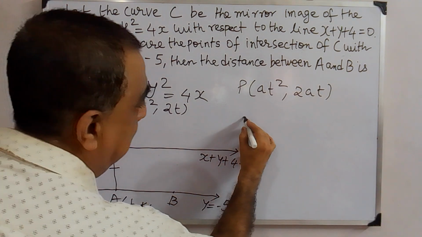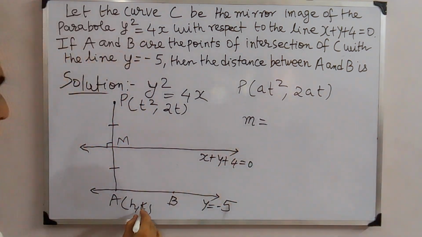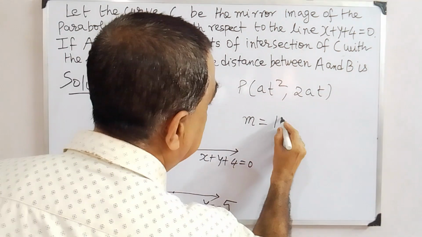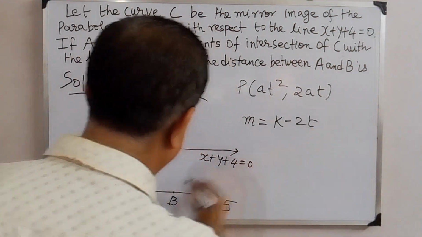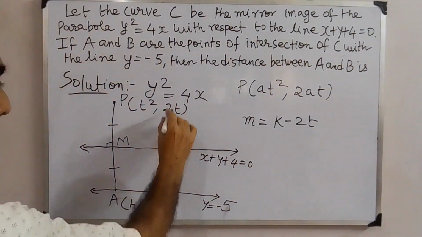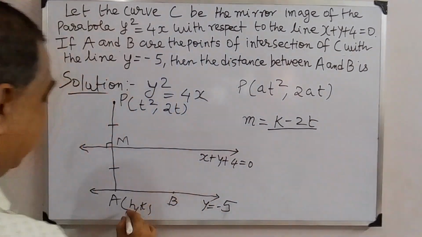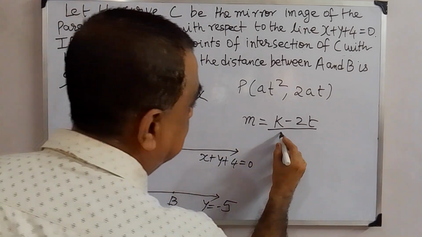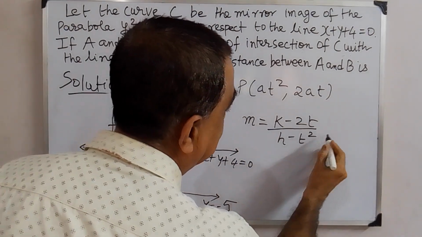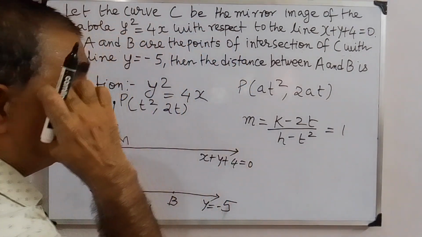So here m will be equal to (k minus 2t) divided by (h minus t squared). So this is equal to 1.